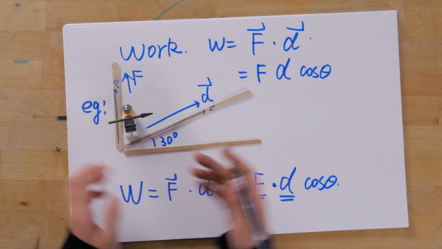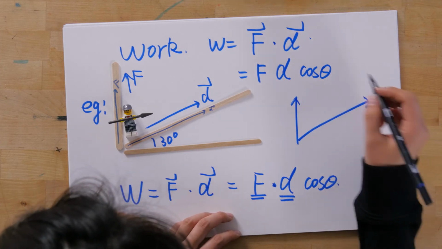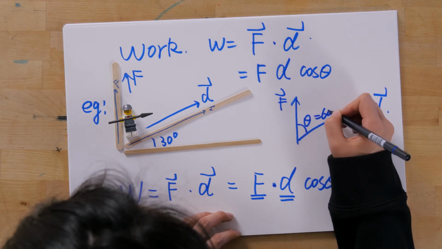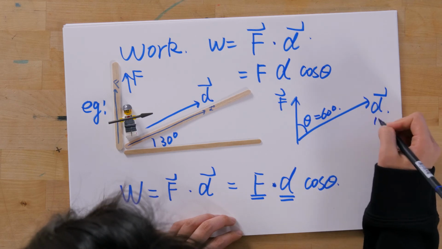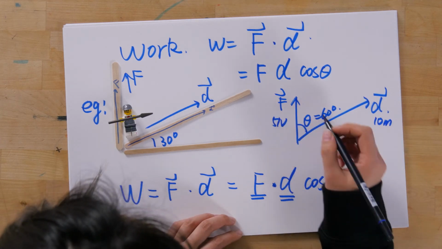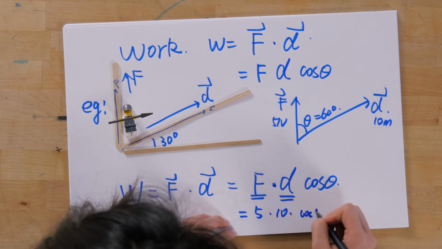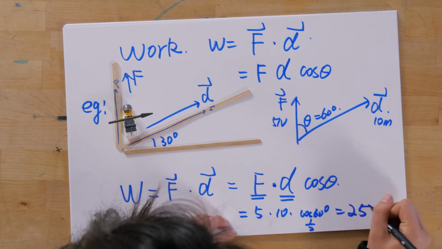If we draw this here, there would be the displacement vector here, the force here, and theta here equals 60 degrees. If the displacement is 10 meters and the force is 5 Newtons, this would be 5 times 10 times cosine 60, which is 1/2.